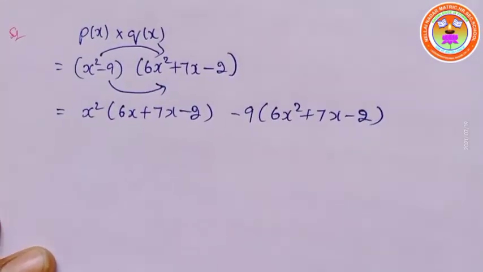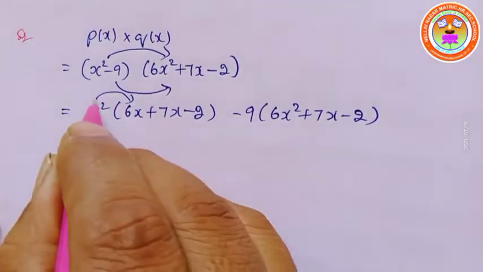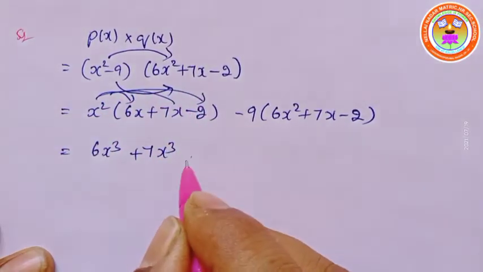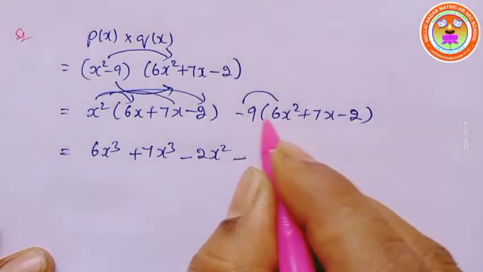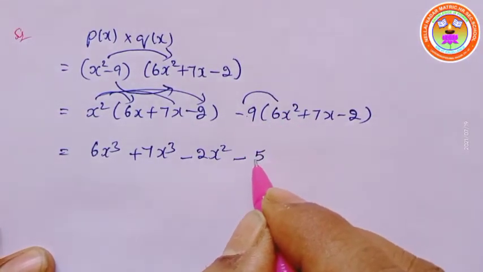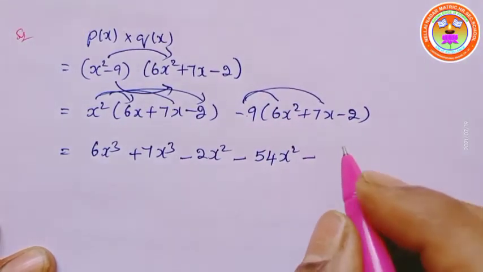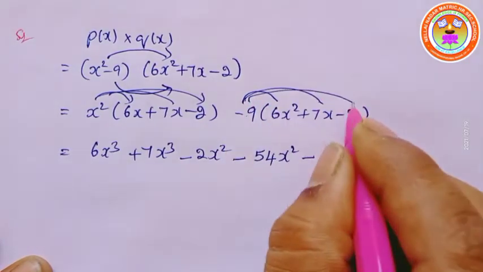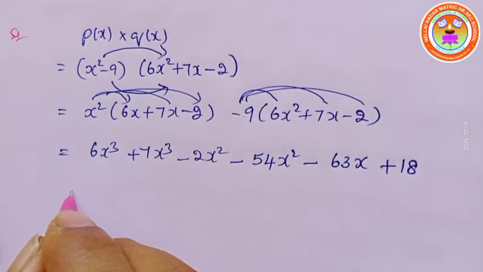It's clear students. Now multiply x squared into 6x is 6x cube, plus 7x cube minus 2x squared. Minus 9 times 6x squared: minus into plus is minus, 9 6s are 54x squared. Minus 9 times 7x: minus 63x. Minus into minus is plus, 9 2s are 18. It's clear students.